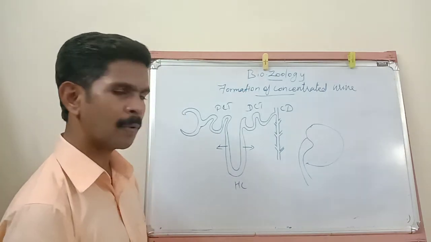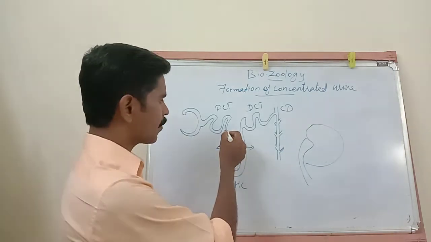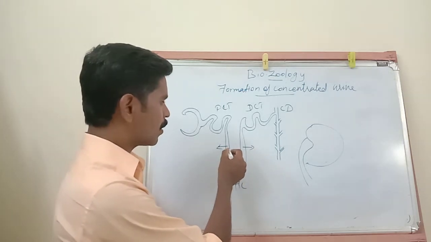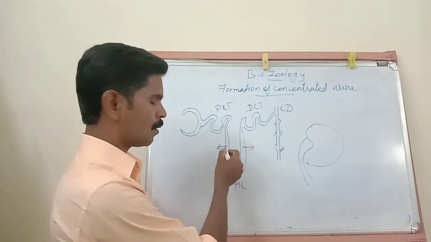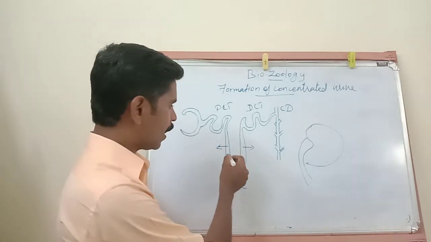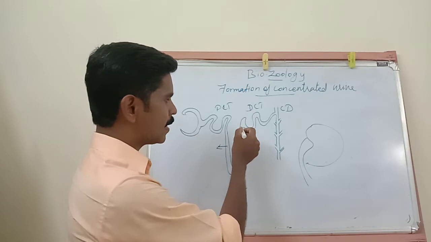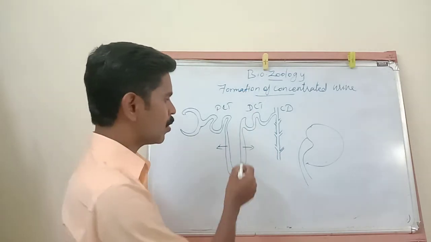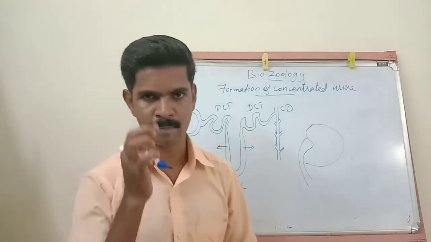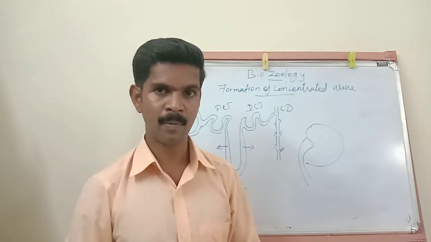I repeat these two points. In the descending limb, the water molecules move from the lumen to the interstitial tissue space. As the fluid enters the ascending limb, the solute moves from the lumen to the interstitial tissue space.